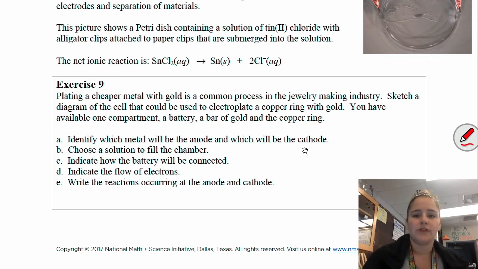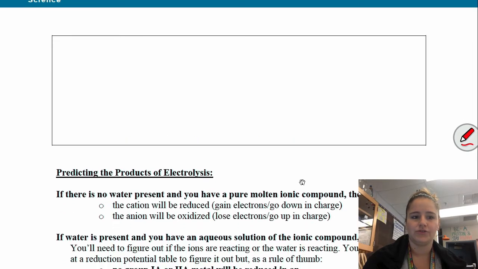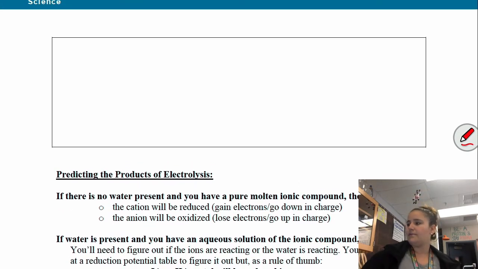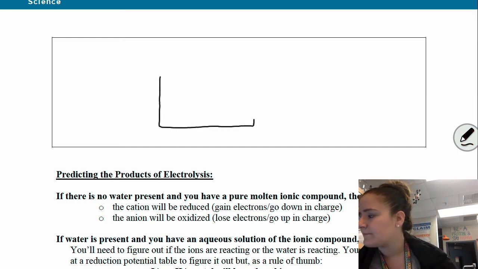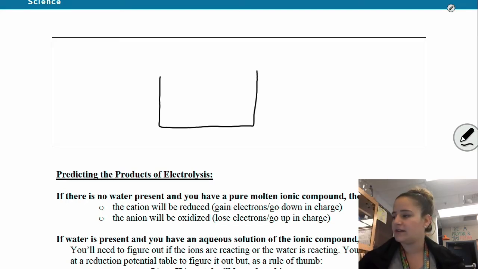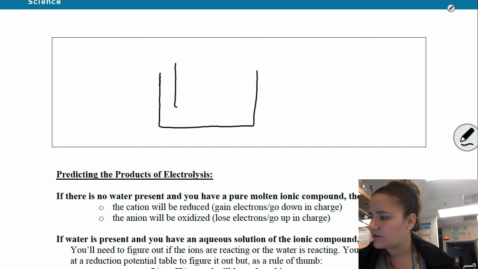Okay, so I'm going to scroll past that description so I have a place to draw it. Now let's start with what we know for sure. We have one container. There's our container, and they told us that we have to use a gold bar and a copper ring. So those are going to be our anode and our cathode.